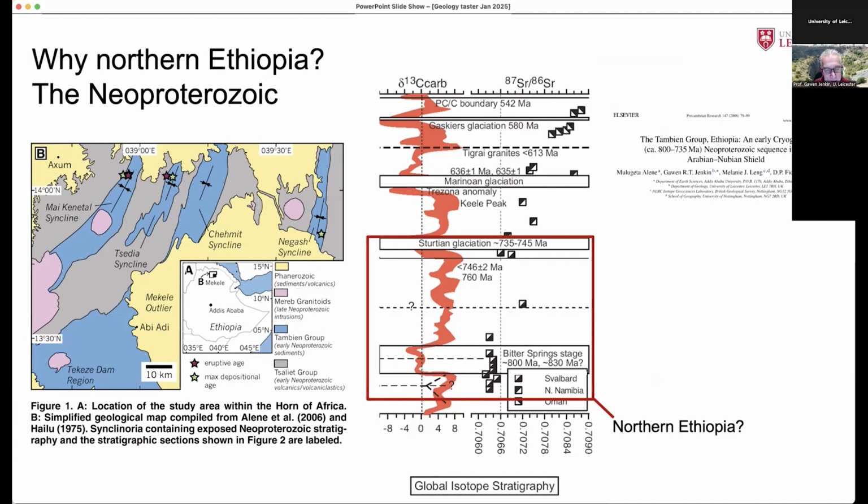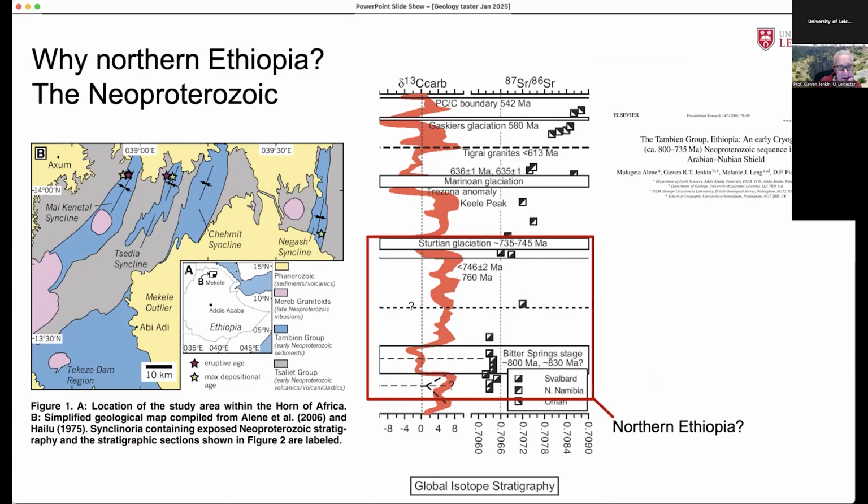And most of the time, the carbon isotope values are high in this period. But as we go into the Sturtian glaciation and the later Marinoan glaciation, the carbon isotope values drop off. And clearly, what it's showing is a change in carbon cycling and a change in the global environment.